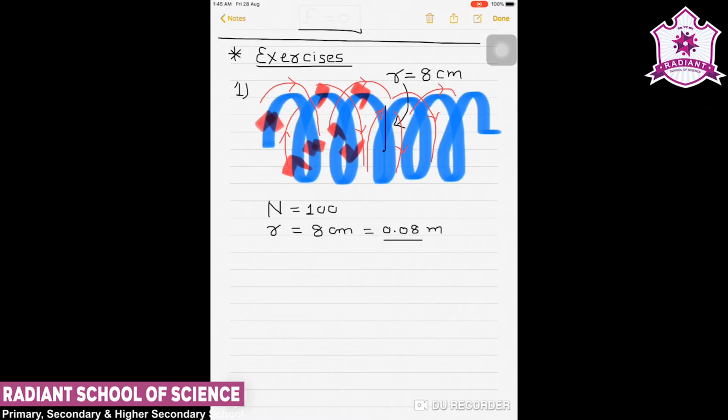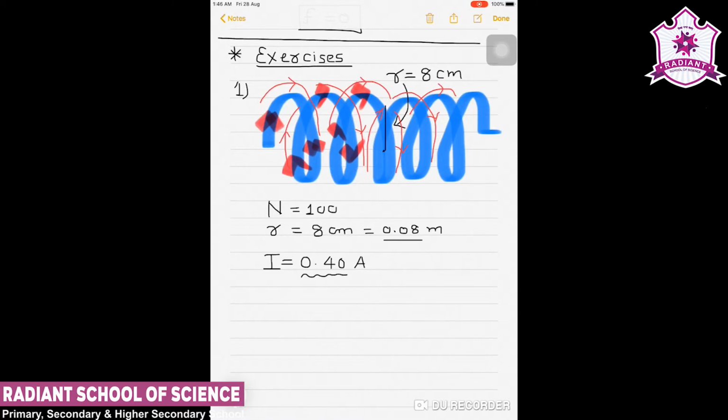So we consider that current is flowing in this coil. I is given as 0.40 ampere, the value of the current flowing through it.